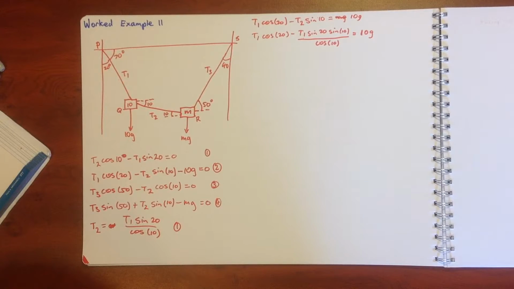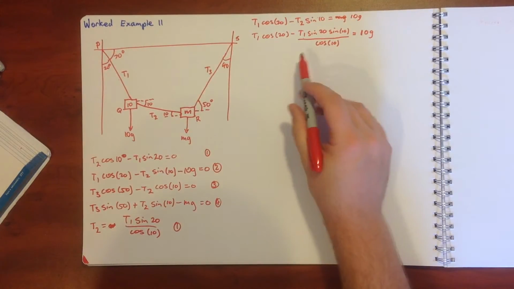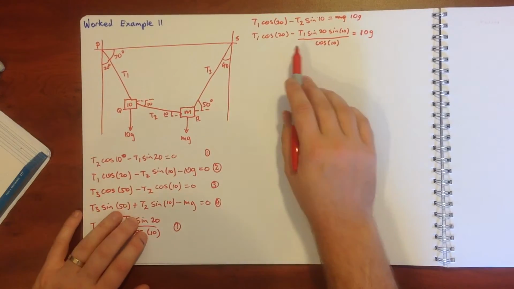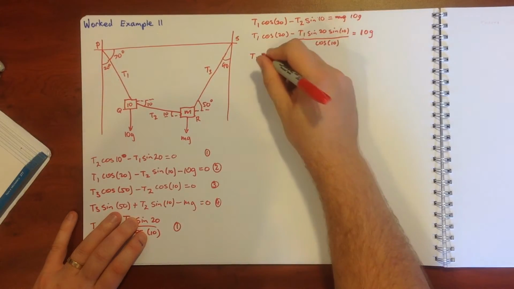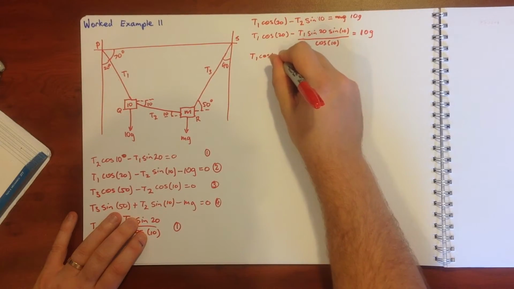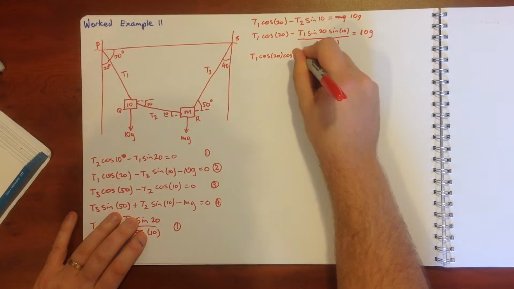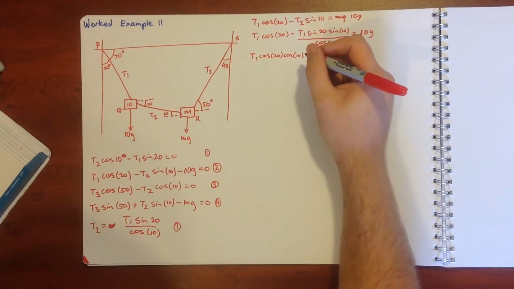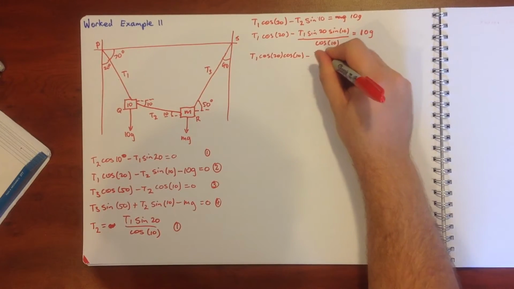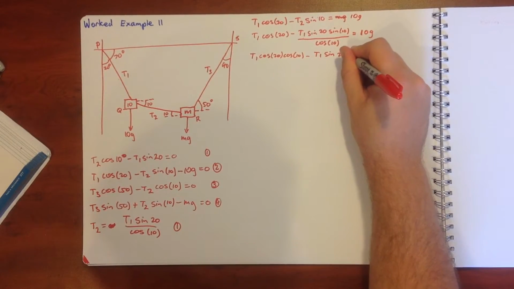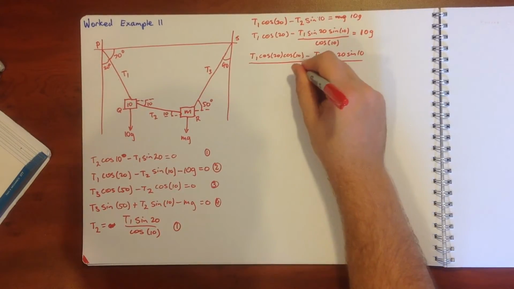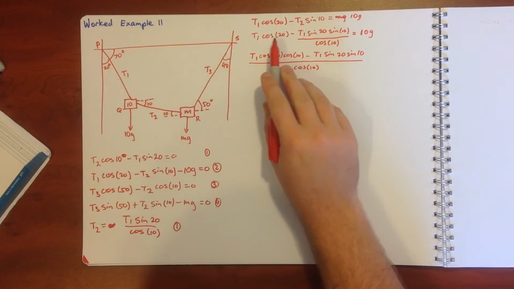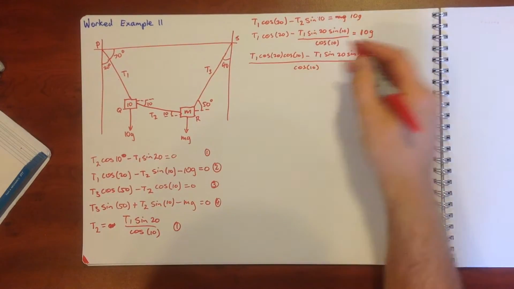So what we're going to do then is solve for T1 by taking our common denominator. We'll make it T1 cos of 20 cos of 10 minus T1 sine of 20 sine of 10 all over our cos of 10. That was multiplying this by cos of 10 so that we could add them together.